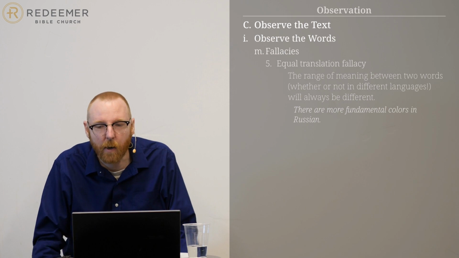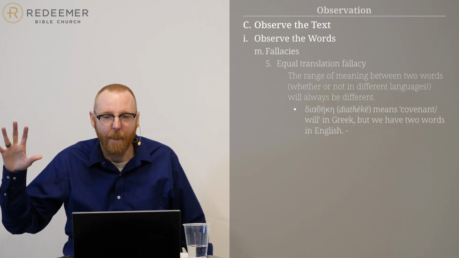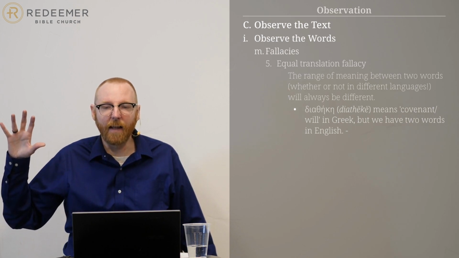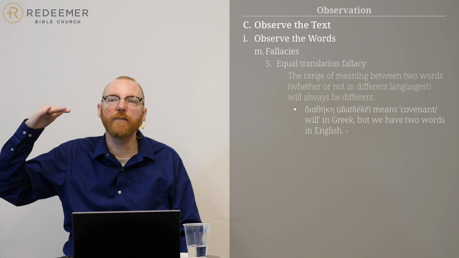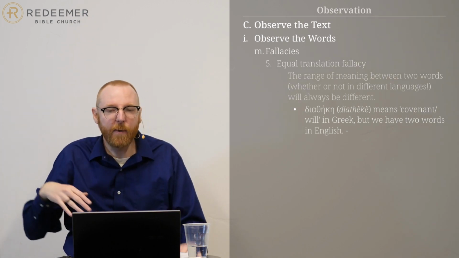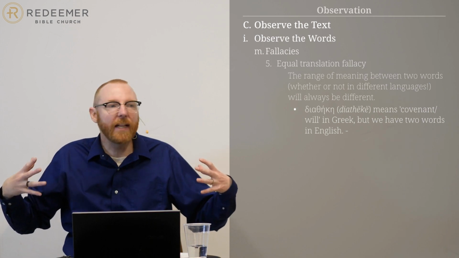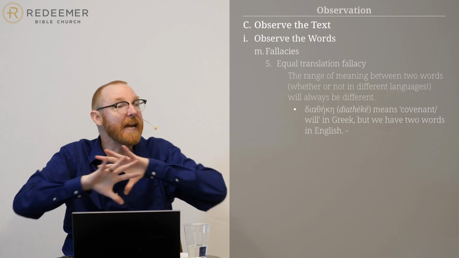All right, so I'll give you one example. In Greek, there's this word diatheke, and it means covenant and will. When we think of a covenant, what do we think of? An agreement, something like that. When we think of a will, our last will and testament, we have a different word for covenant and will. In Greek, it's the same word.